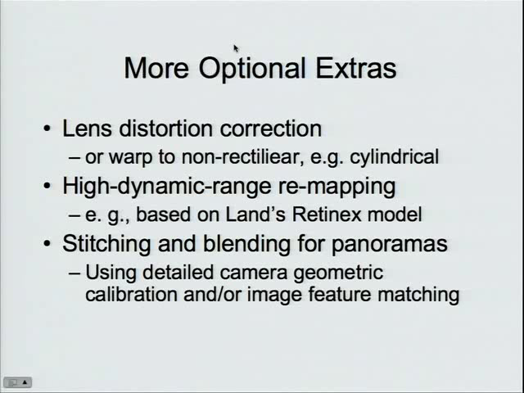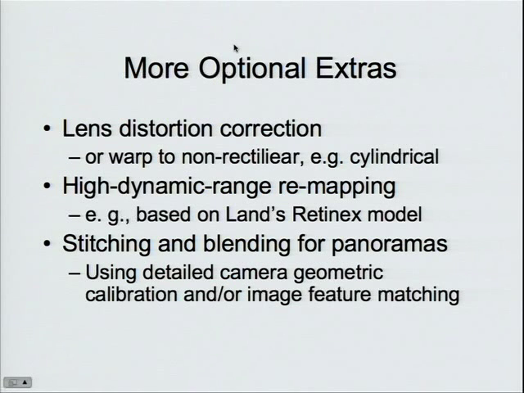link up multiple images that are perfectly rectilinear into a panorama. Because you're shooting at different angles, the rectilinear projections don't really line up. So if you map each of those to a cylindrical projection, then you can stitch them together and make a panorama. Or you can warp each one to the same rectilinear projection, say. So there's a lot of image warping that goes on in a pipeline somewhere, especially if your camera's supposed to do panoramas.